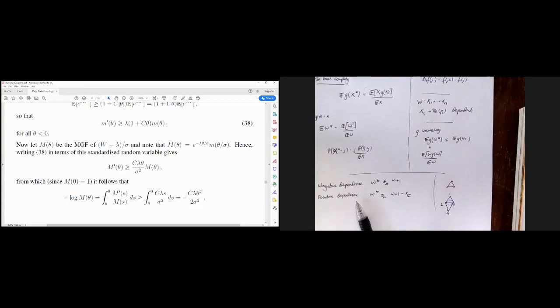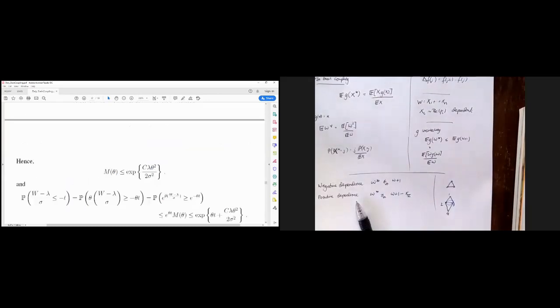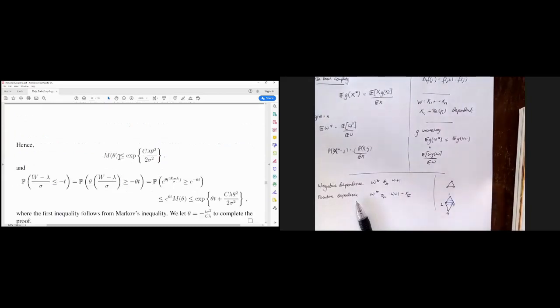Plug in that bound, and I can get an upper bound on my capital M of theta just by taking exponentials. So I get this upper bound, and then the usual Hoeffding-type approach uses that upper bound on a moment generating function to give me a concentration inequality.